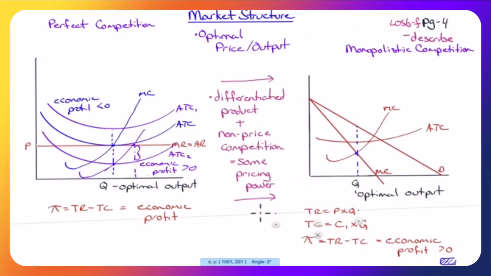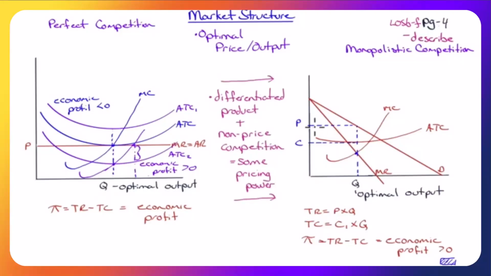We've already seen this before, but I'm just going to add another amount to it because we're trying to figure out profit here. Notice that at this quantity, this is where we hit the average total cost curve. So we'll say that this is the price that we sell at. This is the cost that we incur in producing that output.